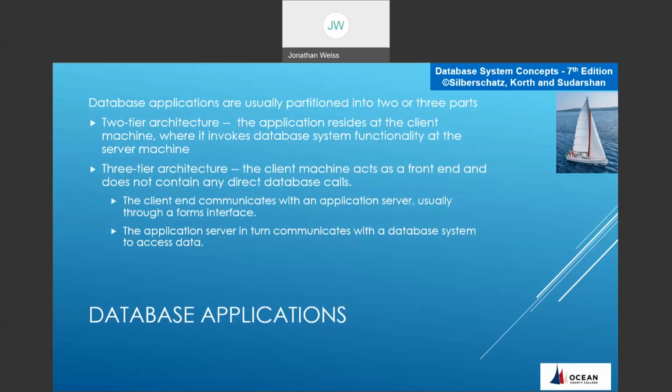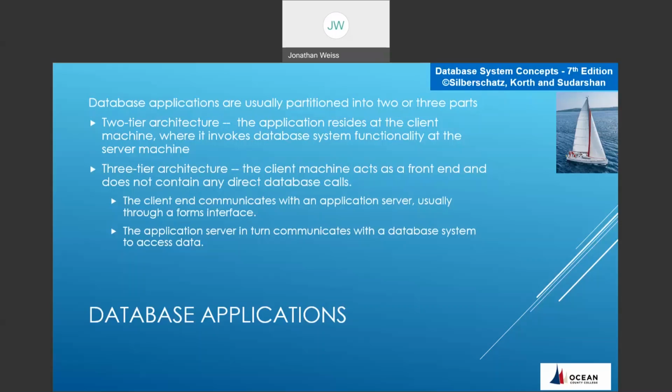But you can also have a three-tier architecture where the client machine is a front end and it interacts with an application server that does the actual querying and goes against the database system that actually stores the data and accesses it. So that would be a three-tier architecture.